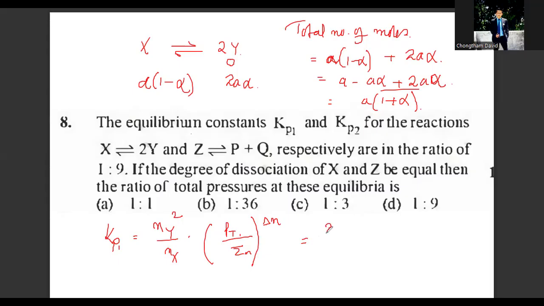So this would correspond to 2A alpha squared, total pressure, and the total number of moles as calculated from the above equation, which corresponds to A times 1 minus alpha, A times 1 plus alpha. So this is the equation we have so far, right? Later we take the ratio of total pressure 1 and total pressure 2. Let us erase all this for the next step.